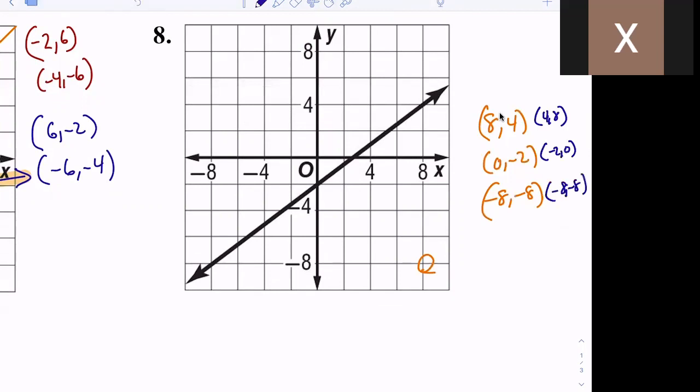So -8 obviously stays. Then 4, 8. And then -2, 0. And if you try to draw that line, do all those points line up? Yep, easy as that.